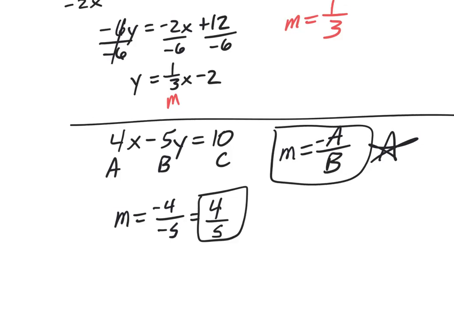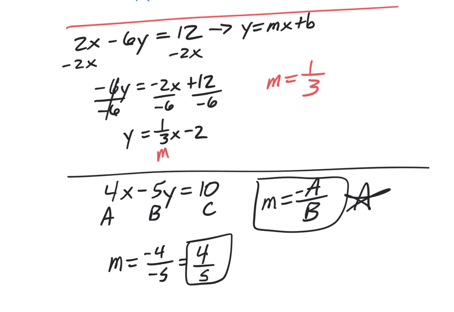If we go back and check the last one, I could have done opposite of 2 over negative 6, which was 1/3. Okay? And it would have saved us a whole lot of time and we wouldn't have to go through all those steps. Okay?